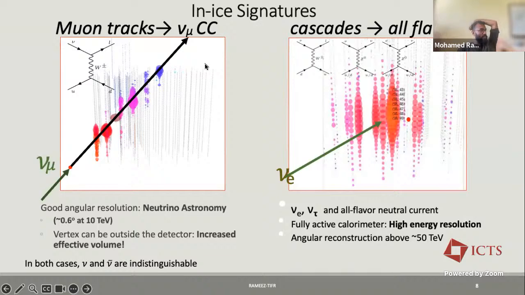Now, the advantage of the muon or the track signature is that if you see it going in the upgoing direction, you know that it could have been only due to the charged current interaction of a muon neutrino. More importantly, you can reconstruct the direction of the muon and then indirectly guess the direction of the incoming neutrino to about less than 1 degree.